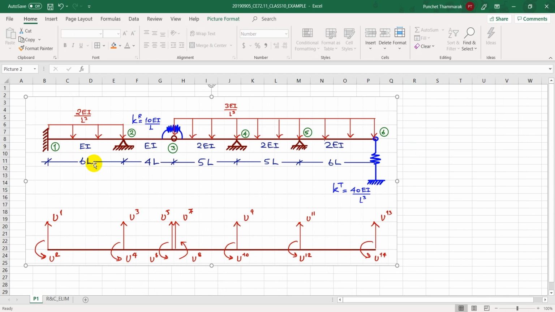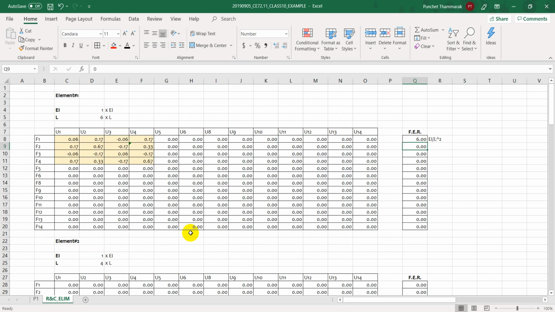This multiplied by 6L square, you get 36L square. 36L square divided by 12, you get 3L square. 3L square multiplied by 2EI over L cube, L square cancels out, you have just one L down there. 3 times 2, you get 6, right? 6 EI over L as a final product.